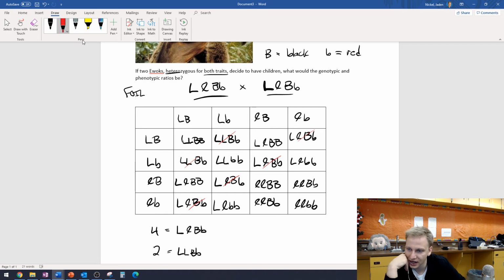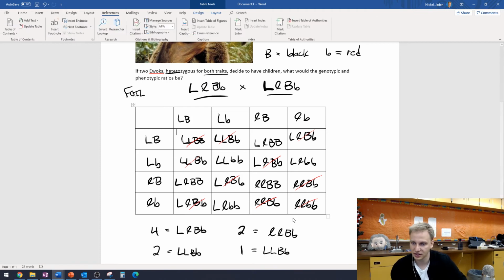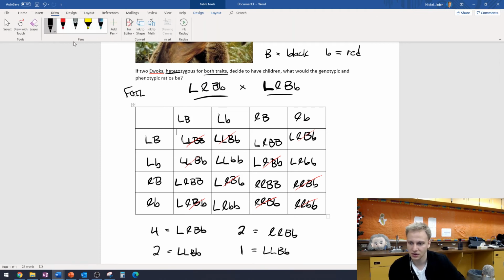If we look down at this column, we have 2 of those as well. If we look at the corners, we can see that we only have 1 of each of these, where it's completely dominant or completely recessive. So 1 LLBB, and we also have 1 llbb.